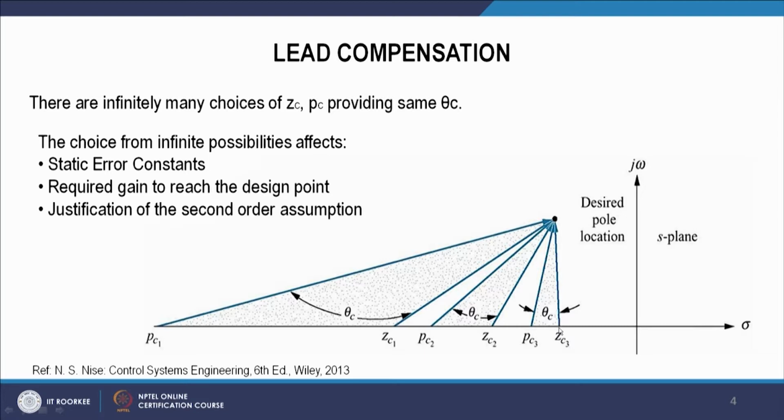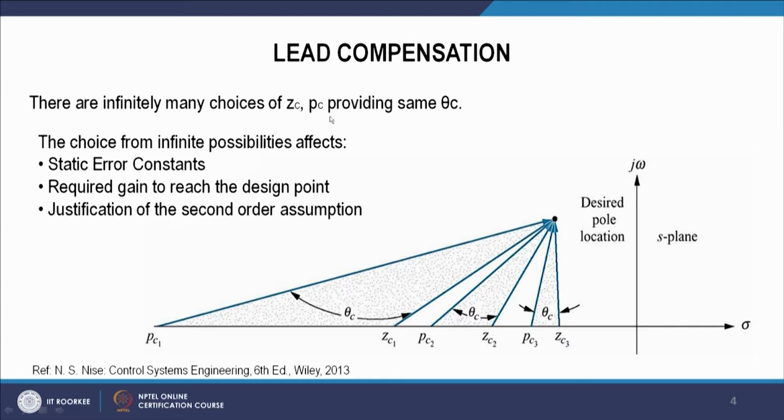We can put the 0 and pole here, and this option will also give the same desired pole location, and similarly the third option.